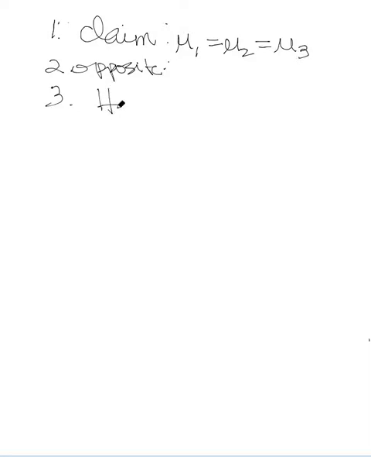Step 3, our null hypothesis will be the same as the claim. So we will have mu1 equals mu2 equals mu3. And for the alternate hypothesis, you can copy down the same wording you used for the opposite statement.